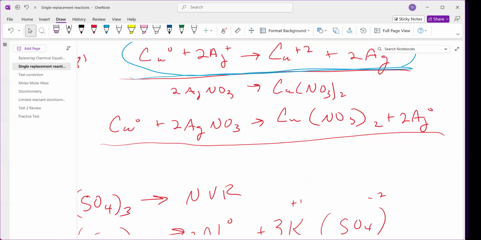you'll see this reaction in lab today. It's really cool. I'm going to take a copper wire, spiral it. I'm going to put some silver nitrate solution around it. And within minutes, you're going to start seeing silver forming. It's really cool. It's very, very pretty in the beginning.